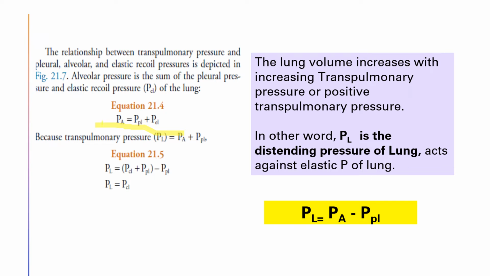Now if we replace this value of PA into this equation, we see that PL is equal to P elastic plus intrapleural pressure minus intrapleural pressure. As a result, transpulmonary pressure is just equal to the elastic recoiling of the lung. That means it actually tries to prevent the recoiling and distends the lung.